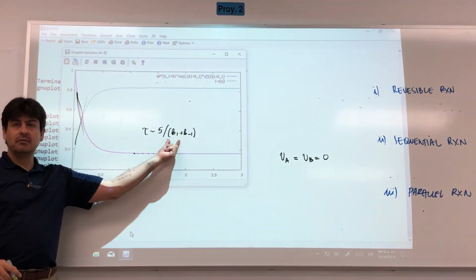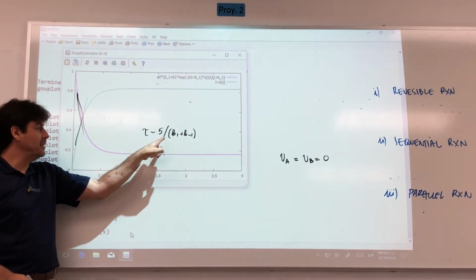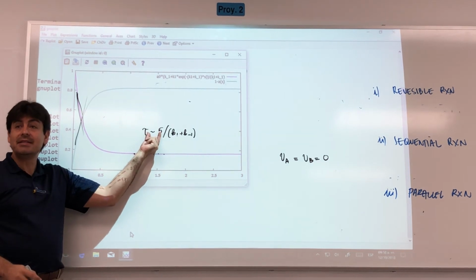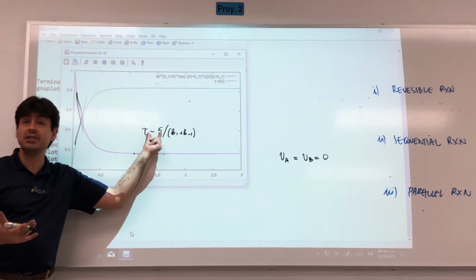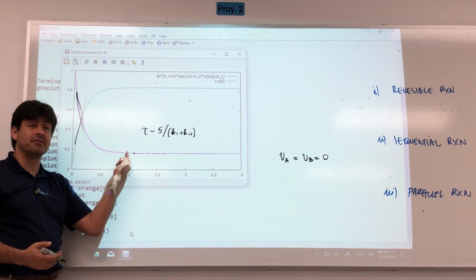So at less than 1, we have equilibrium. And you can see if this is 1 and this is 5, or the other way around, this equilibrium condition is reached at almost 1. And that's why we have a very fast reaction.